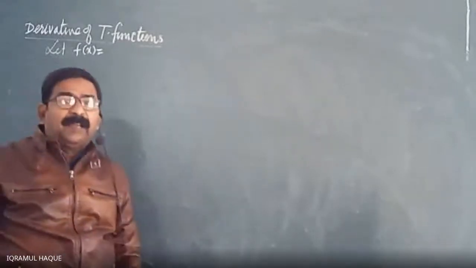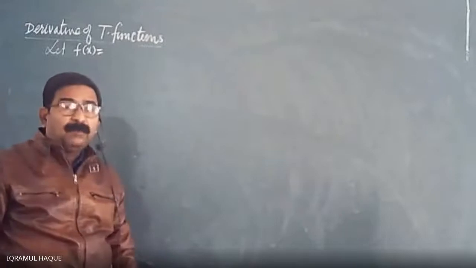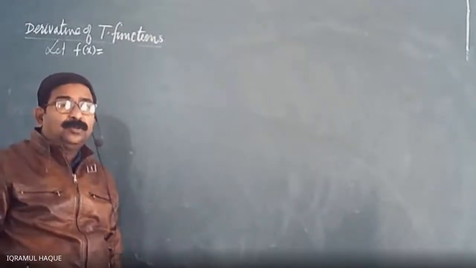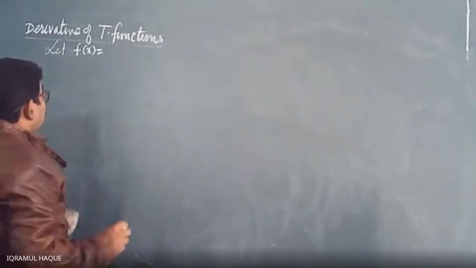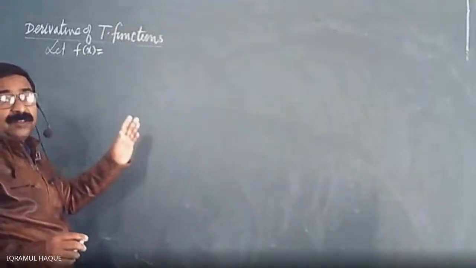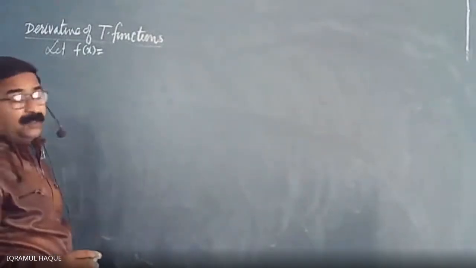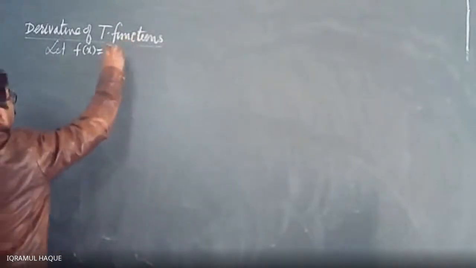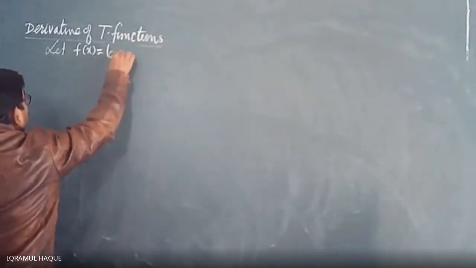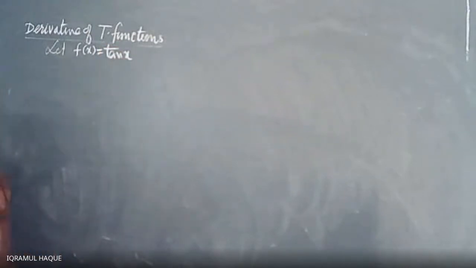Every derivative can be obtained by this method, but I am giving another method also. Except sine and cos, which can be obtained by first principle only. Now let's find the derivative of tan x.